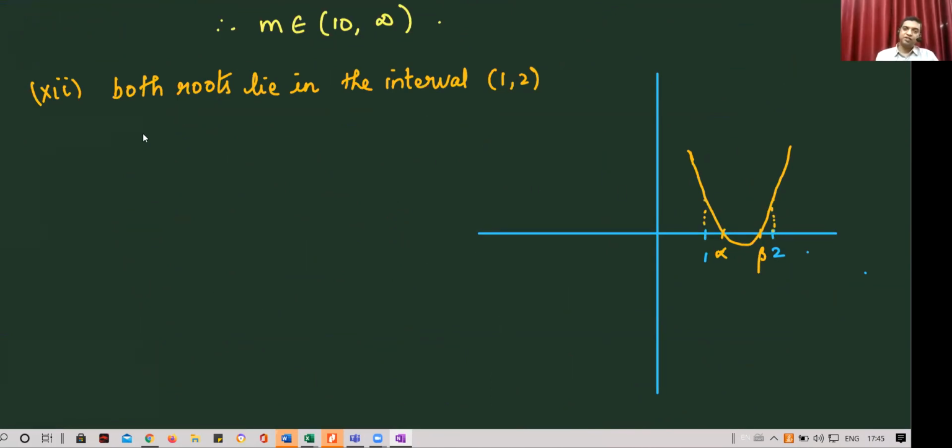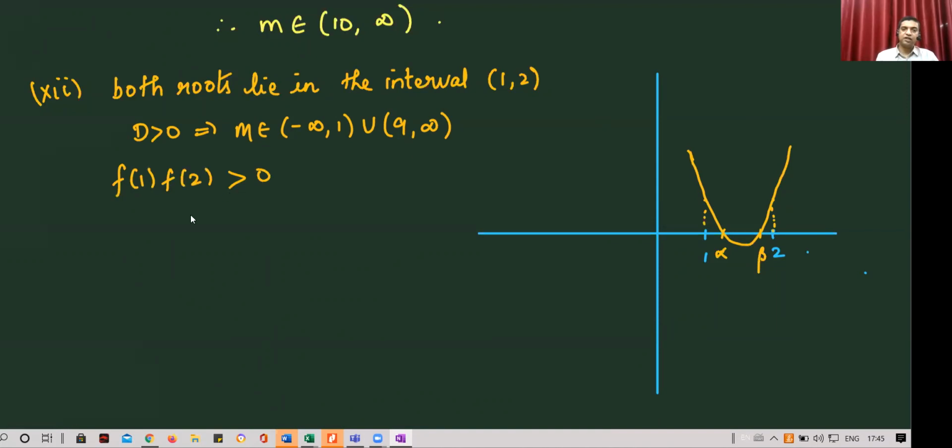So the first condition, d greater than 0, will give us m lies outside of 1 and 9. And now the second condition is f of 1 into f of 2 is greater than 0.